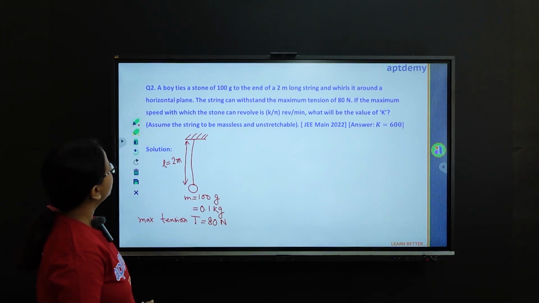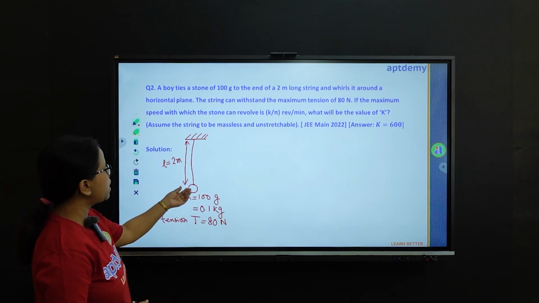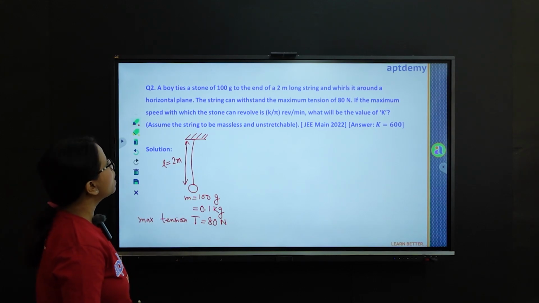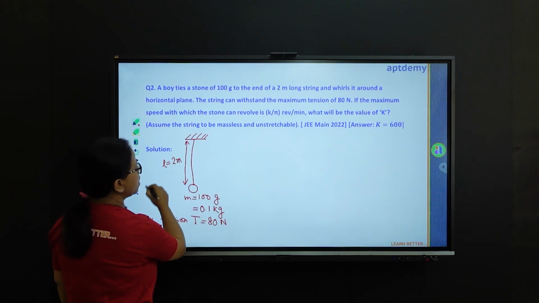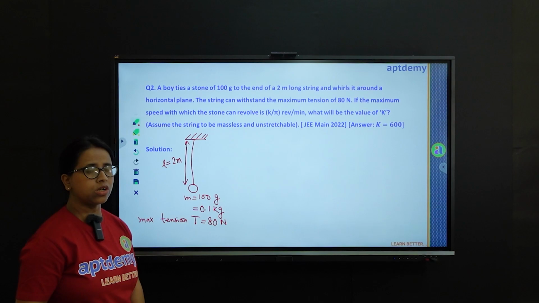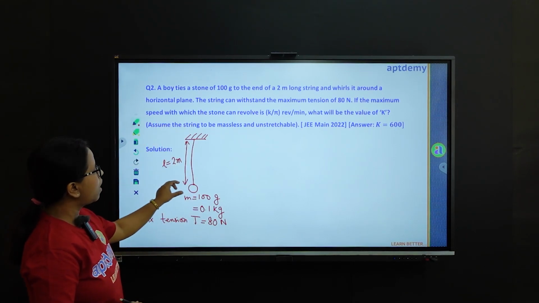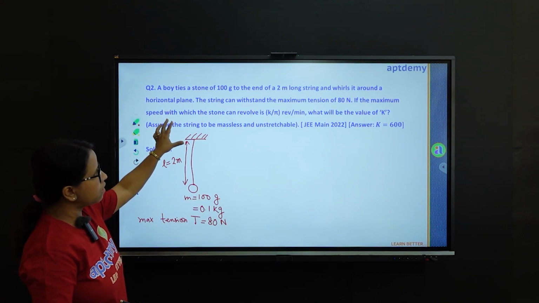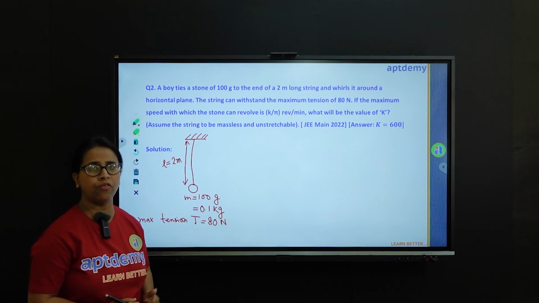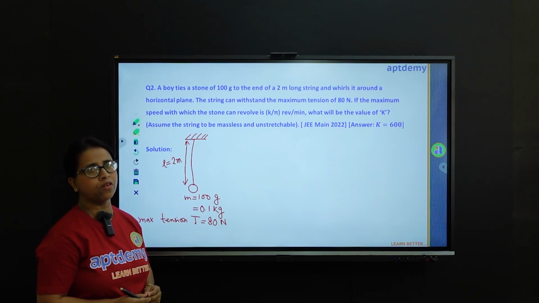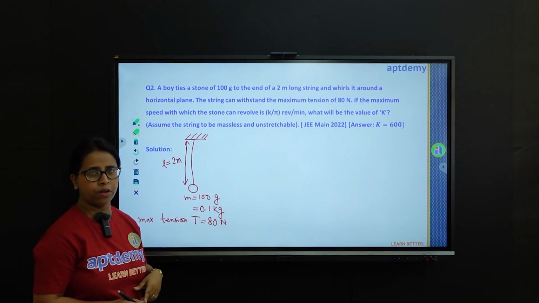So if the maximum speed with which the stone can revolve, this stone is made to revolve in a horizontal plane, the motion will be nothing but centripetal motion, which means that this maximum tension which is being withstood by the string will in fact provide the necessary centripetal force for the stone to revolve in a circular orbit.